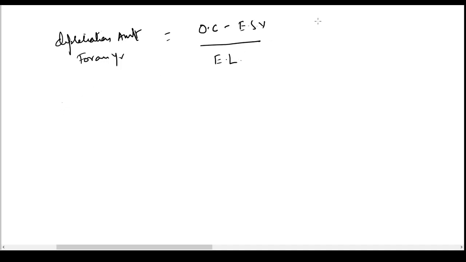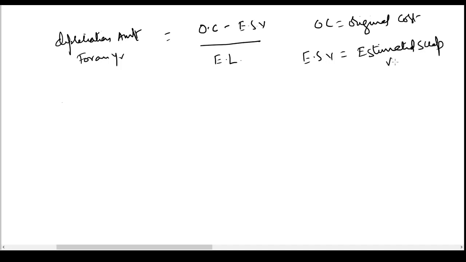Here, OC is the original cost of the asset, the cost which we have incurred to buy the asset. ESV is the estimated scrap value, and EL is the estimated life of the asset.